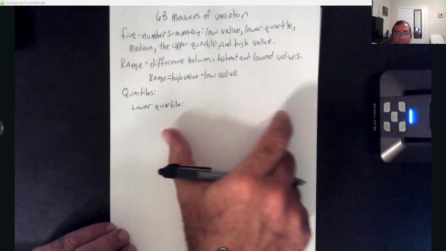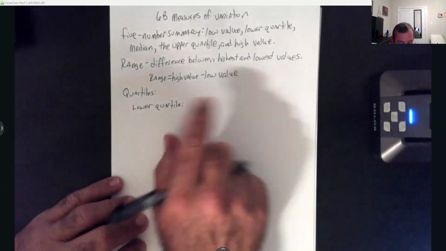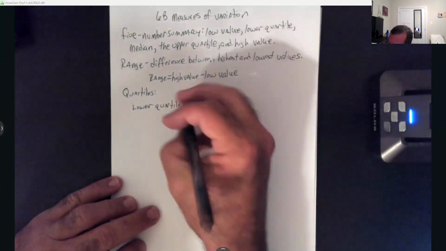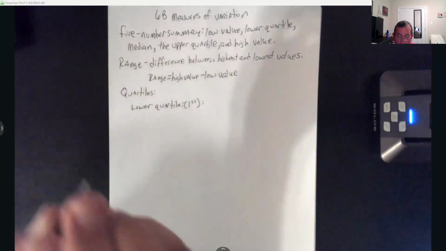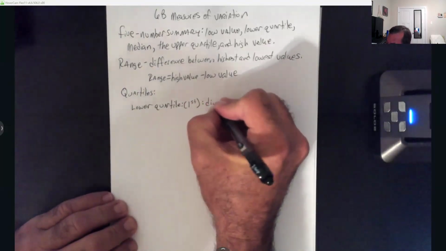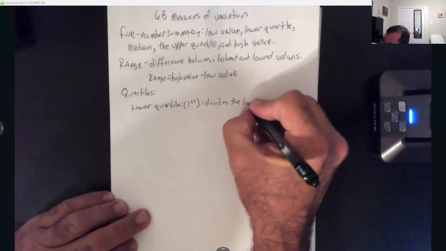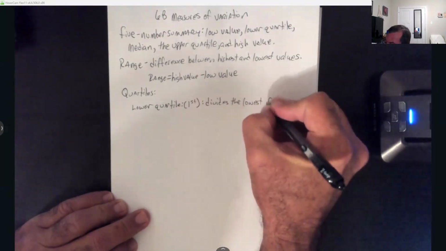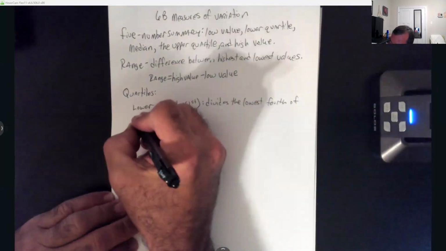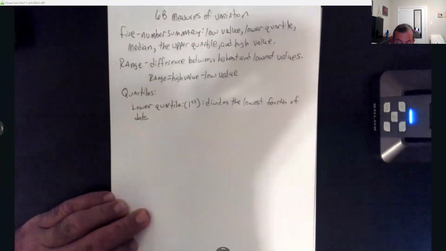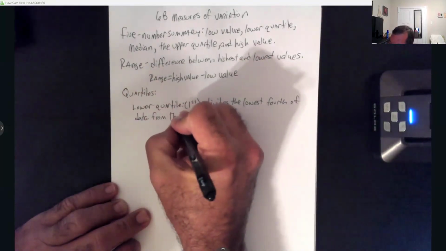Okay, so you're thinking about fourths on this, okay? They're splitting the data up into 4 sections, basically. So this lower quartile, or we often call it the first quartile, it divides the lower fourth of data from the upper 3/4 of data.